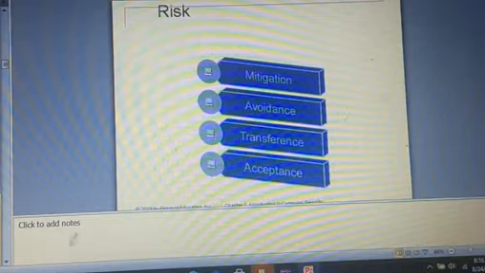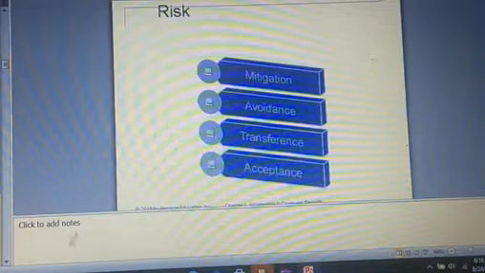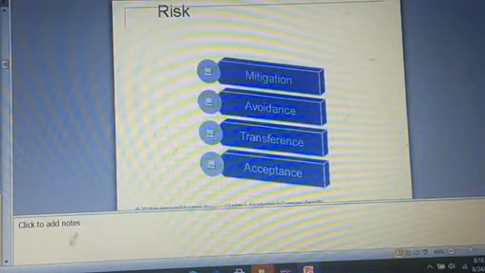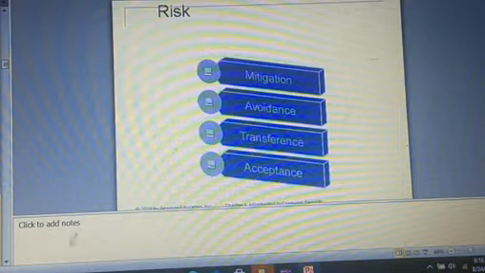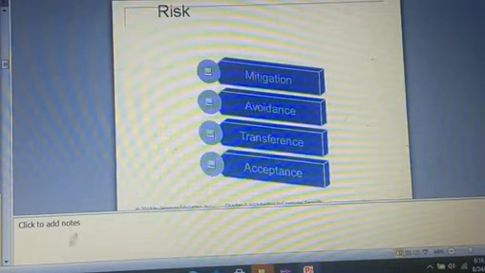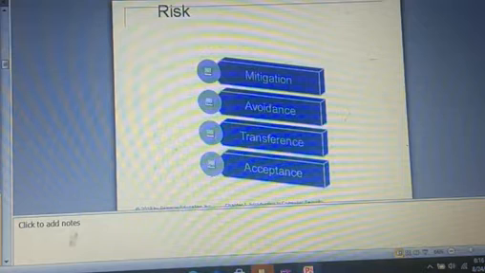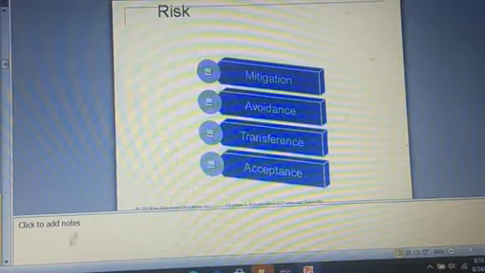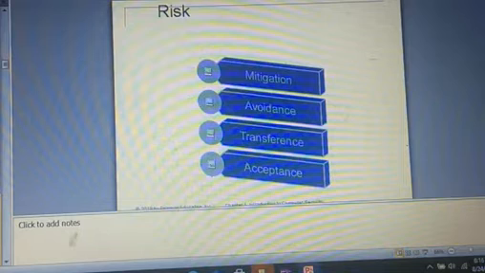Acceptance happens when a business or an individual acknowledges that the potential loss from a risk is not great enough to warrant spending money to avoid it. There are sometimes we need to prevent risk. For example, I mentioned mitigation just now, which has to do with creating strategies to minimize, monitor and control threats or risk.